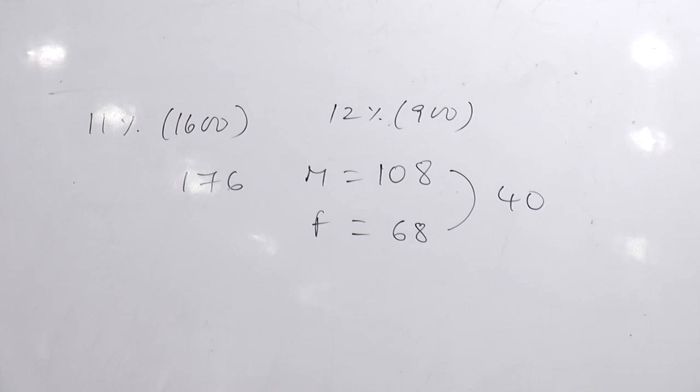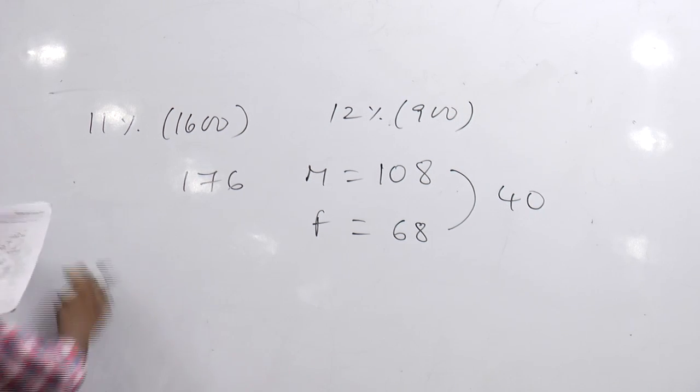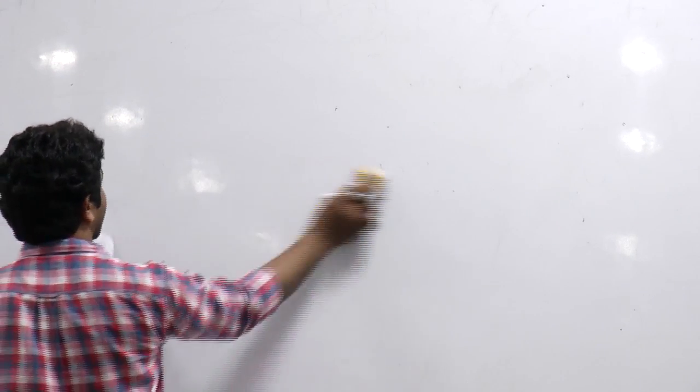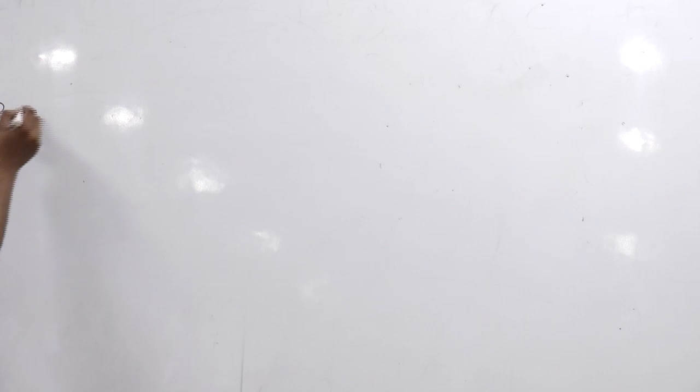Next, 46 to 50. Income and expenditure of 6 companies in lakhs in 2011 and 2012. Next, 46. If the total expenditure of company D in 2010 was 2 crores. You are given information in terms of lakhs, right? 2 crores is equal to 200 lakhs.